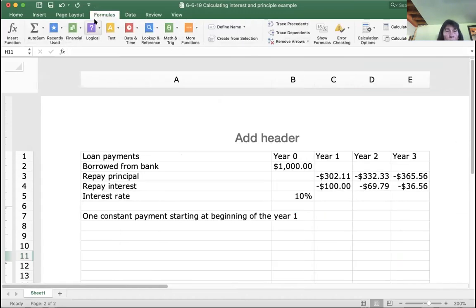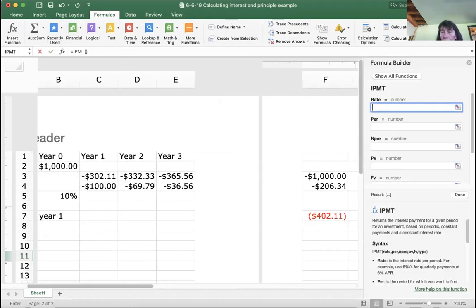Go to our formulas, finance. So we actually have in finance different formulas. Here's one, the interest payment. It tells you the interest payment for a given period for an investment. So it tells you how much interest I paid. We also have another one that tells you the principal for a given investment based on periodic constant payments and a constant interest rate.